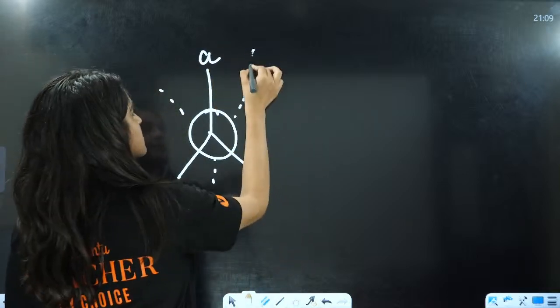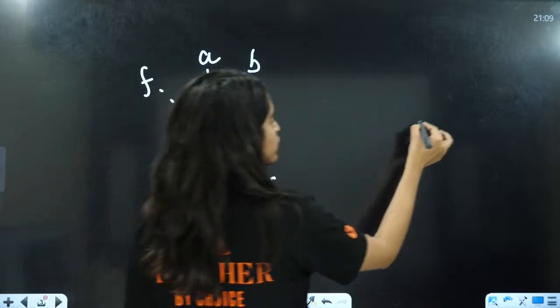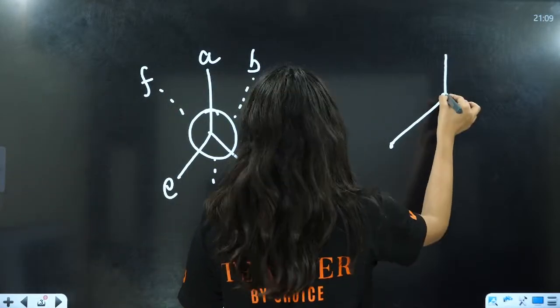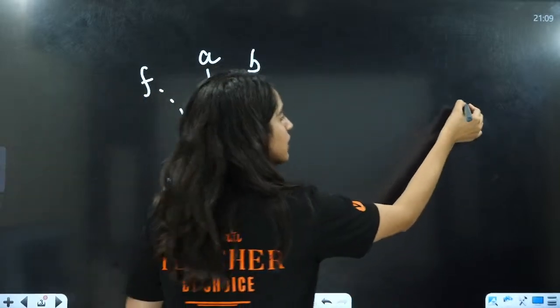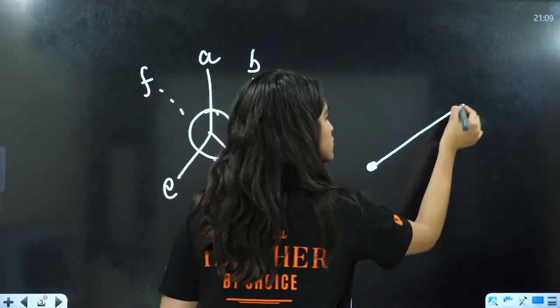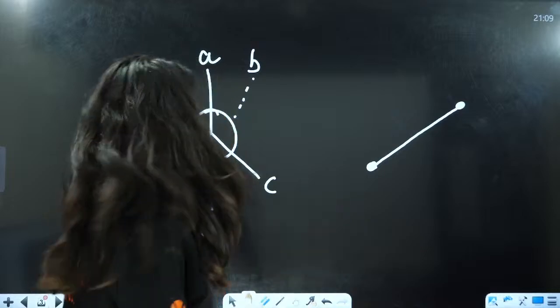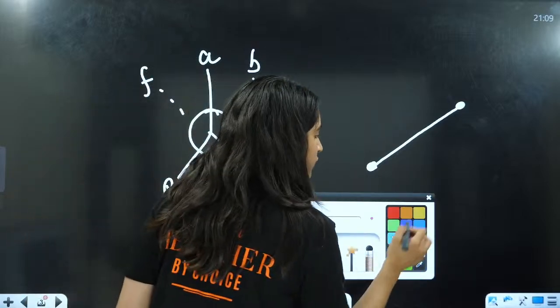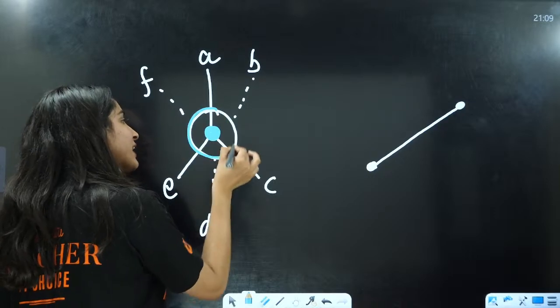If this is A, this is B, this is C, this is D, this is E, this is F, this is the front Y. Everyone here, draw this. This line is going to define the length between this atom and this backside atom, right?